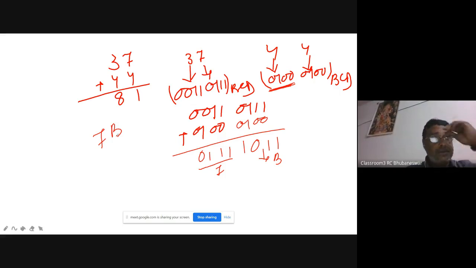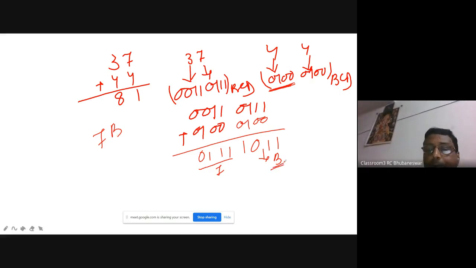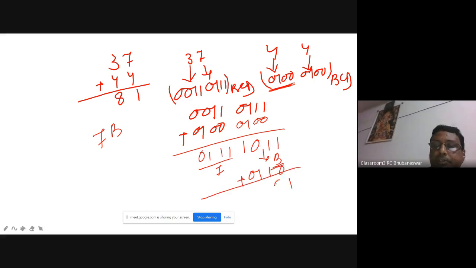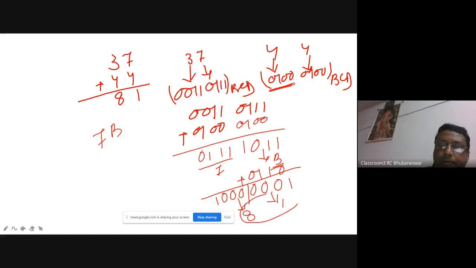But in the normal decimal number system, we have the numbers from 0 to 9. So whenever this type of number comes, automatically 6 will be added. After adding, the result is 8 and 1.